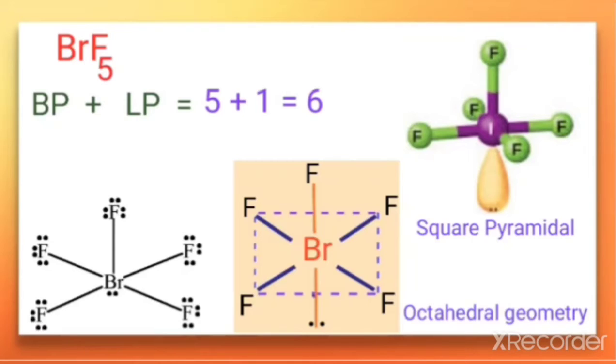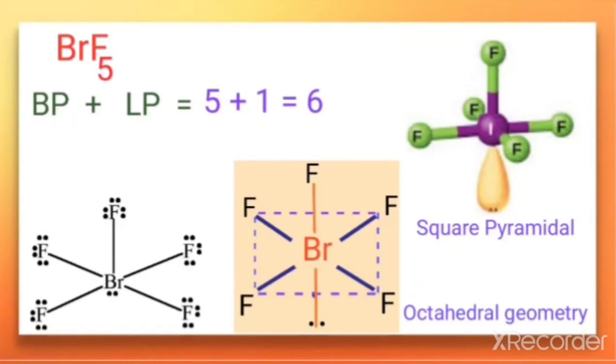First of all, we need to make the Lewis structure. Br is the central atom, so we'll keep the Br in the center. There are 5 fluorine atoms, so you need to place the 5 fluorine in the terminal positions, each having 7 electrons in its valence shell.